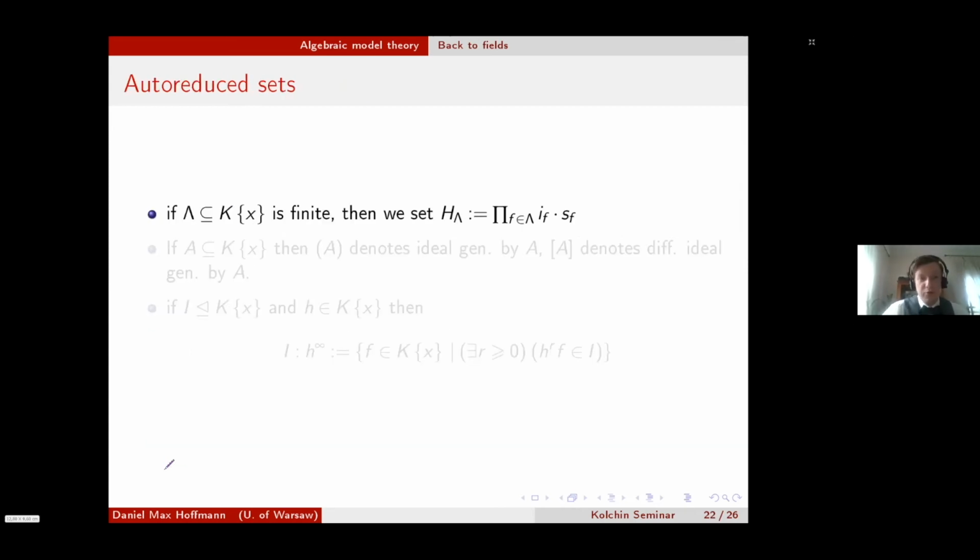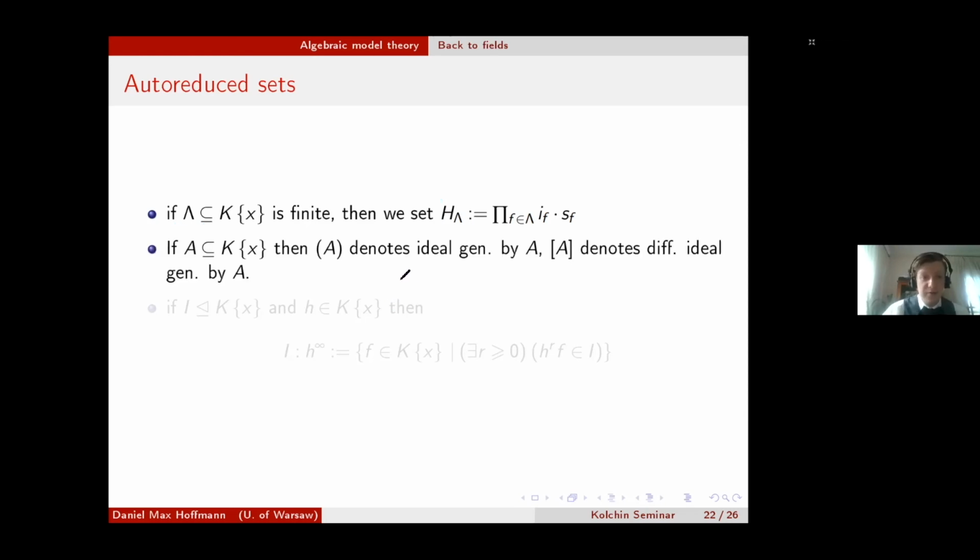Okay, so more definitions. Sorry for that, but I need a lot of notions to translate this statement, double star, in a proper way. So if I have a finite subset of formal differential polynomials, then I will define H lambda, if lambda is such a set, as just the product of all the initials and separands of my F's from lambda.